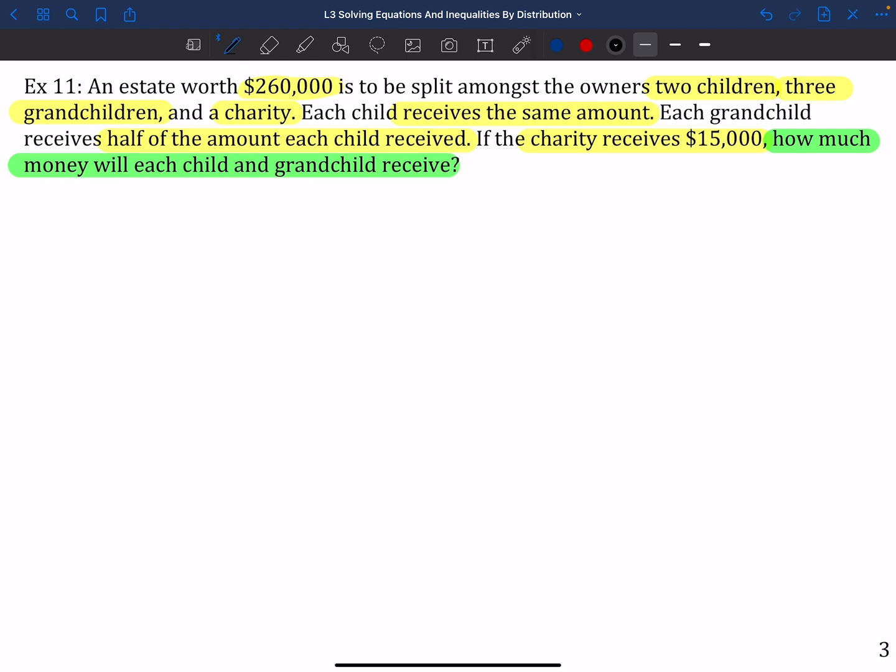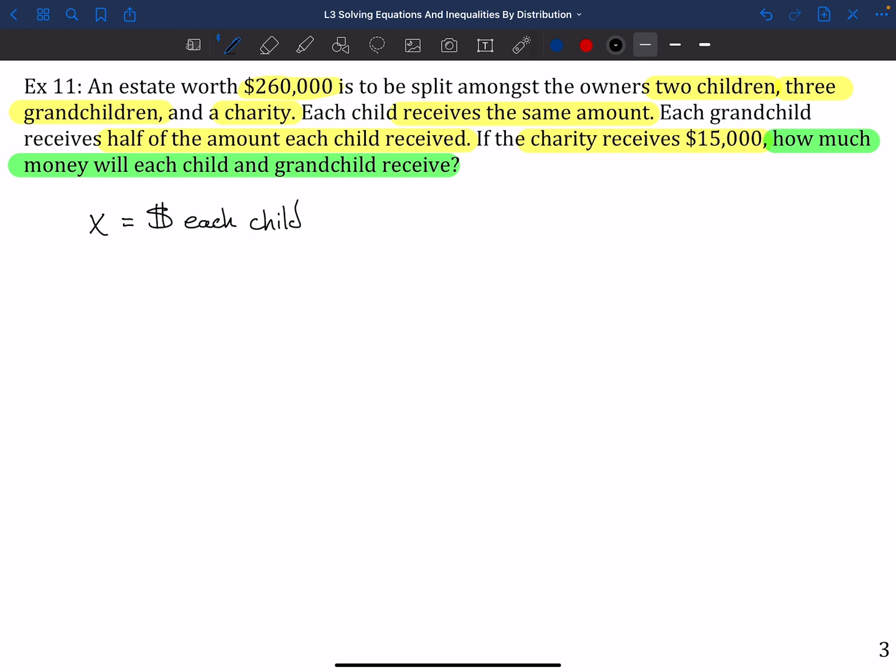So what we need to do is set ourselves up with a variable. So what I'm going to do is say that our variable is just x. x is going to be the money that's going to each child, right? So it's how much each child is receiving, right? We also have the grandchildren.